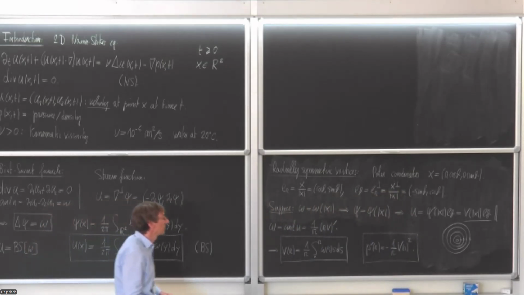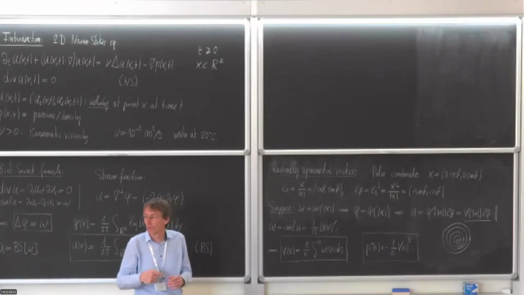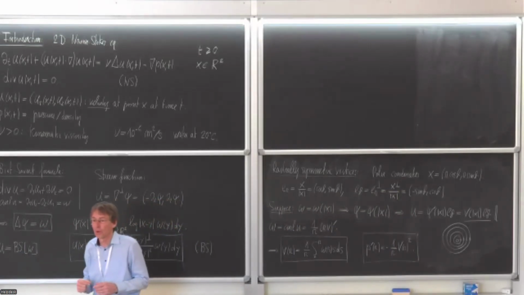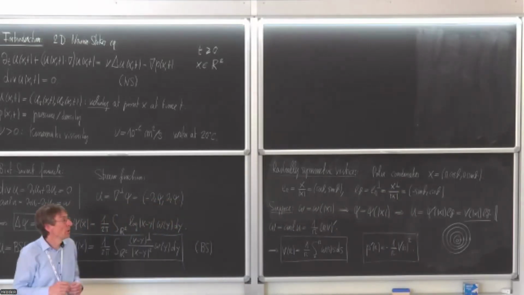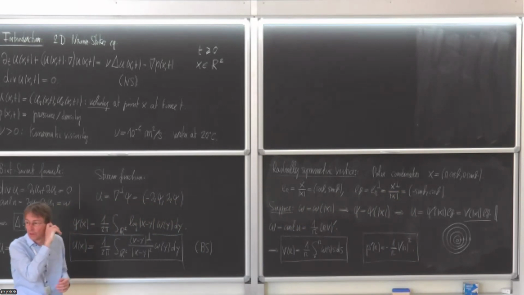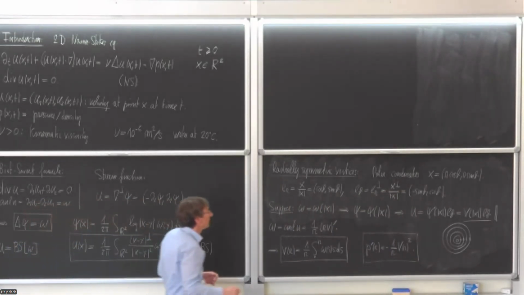So the gradient of the pressure should go towards the center of the vortex. No, sorry, I was confused for a moment. So when you have no external force or whatever, inside a vortex, you always have a depression and not a region of high pressure. And this you see by this.